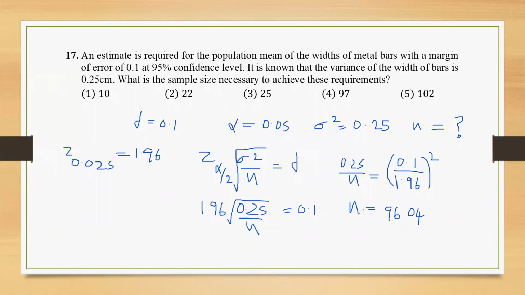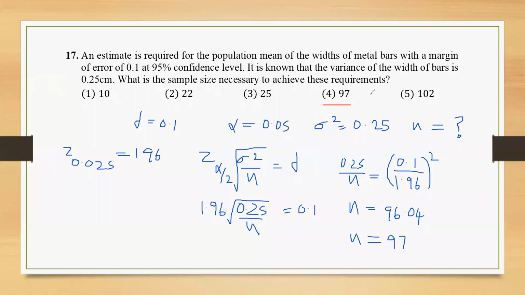So therefore it should be an integer number. So therefore you have to round it up as 97. Right. So here you can find the answer. You can find the fourth choice is the 97.